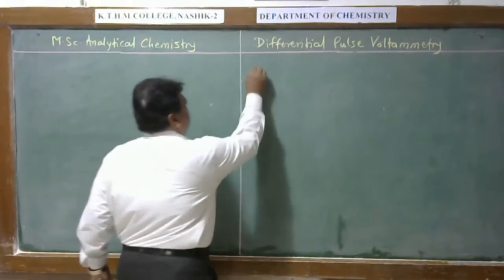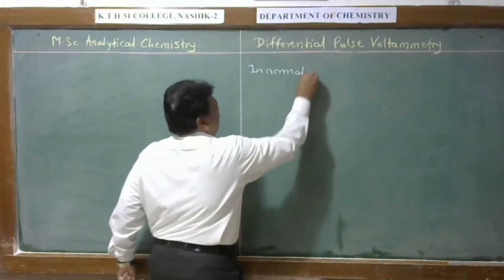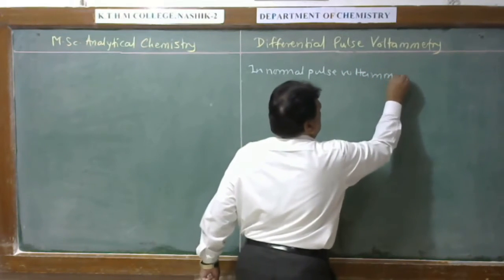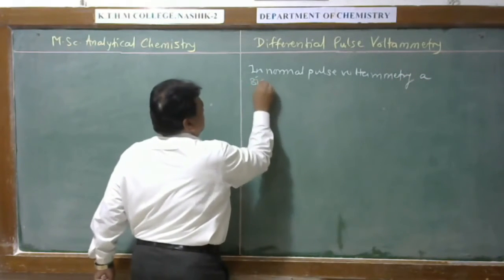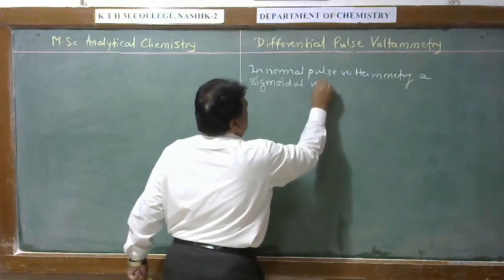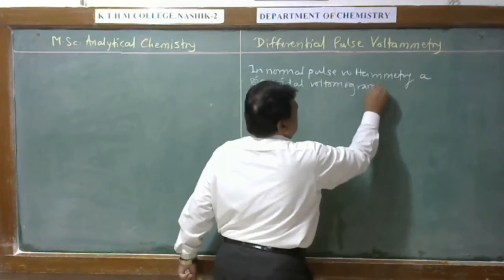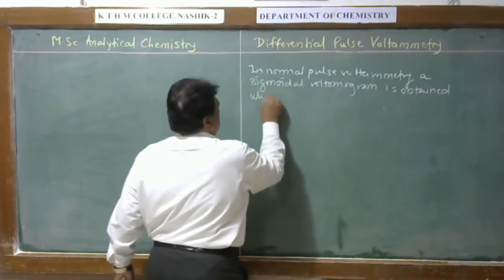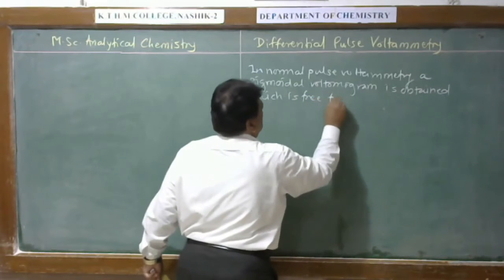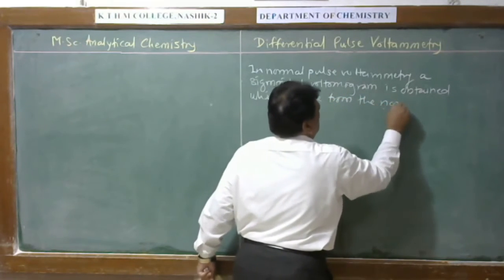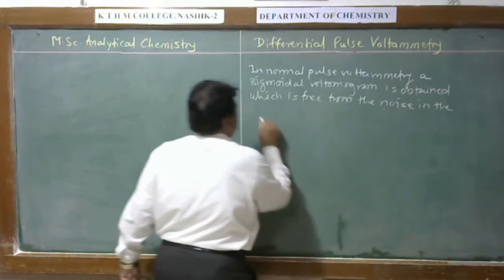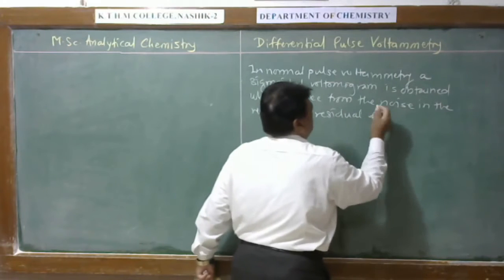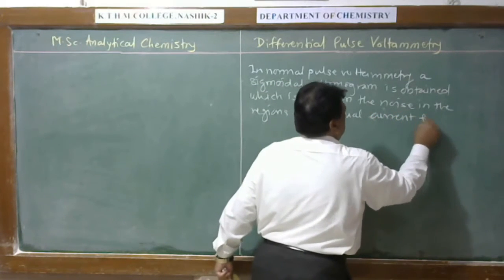In normal pulse voltammetry, a sigmoidal voltammogram is obtained, and it is free from noise in the region of residual current and limiting current.